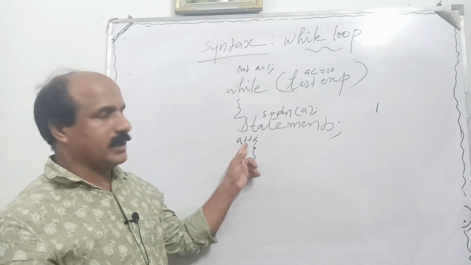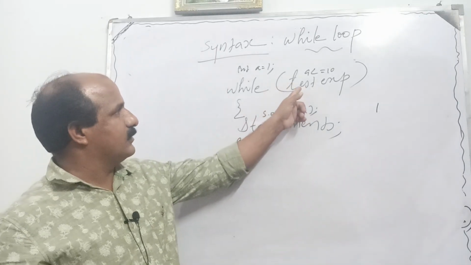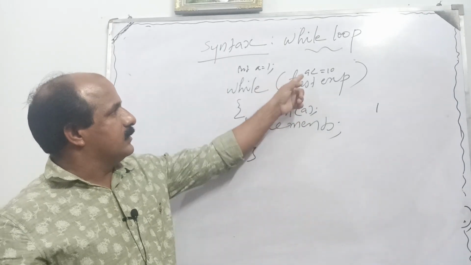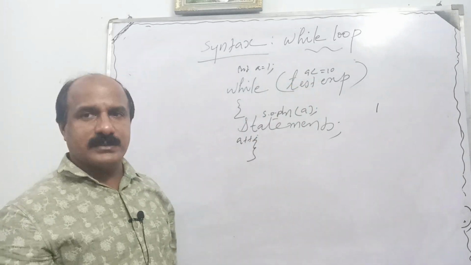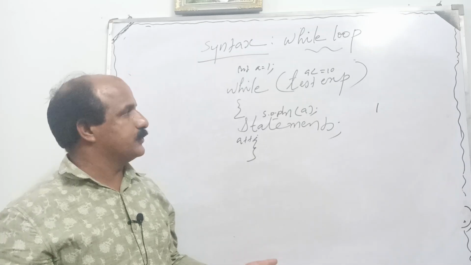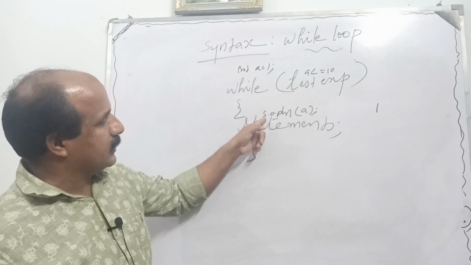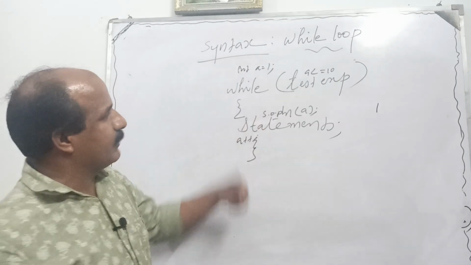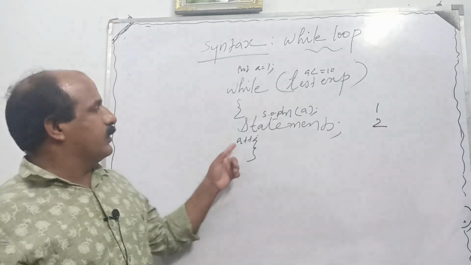Now a plus plus. A becomes 2. The condition will be checked again. While 2 less than or equal to 10. Yes, 2 is less than 10, not equal to. Since the condition is true, this will be executed again. A will be printed, that means 2 will be printed. Now, a plus plus.